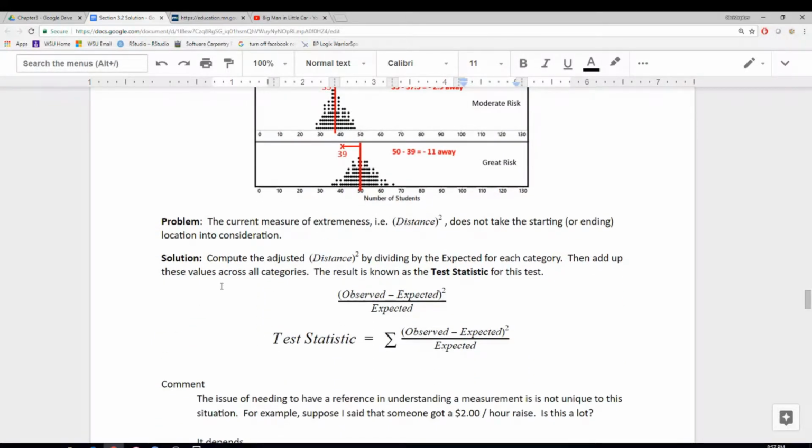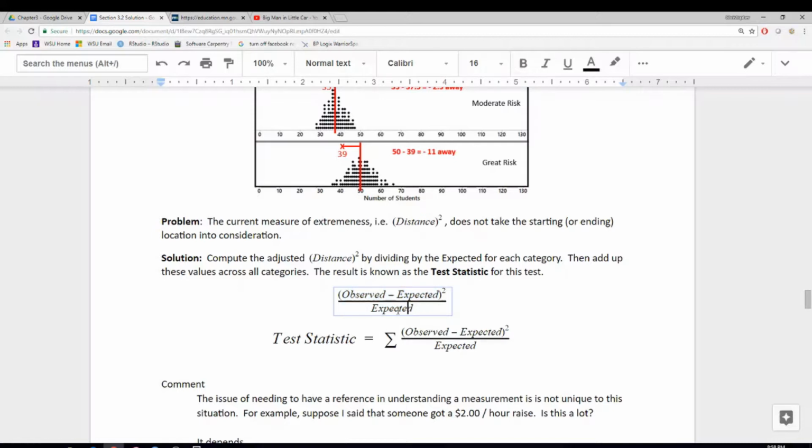So what we're going to do instead is just compute an adjusted distance squared quantity. And we're just going to simply divide that by the expected number here. So we're going to take the distance that we were looking at before. The numerator is the observed minus the expected, that thing squared.